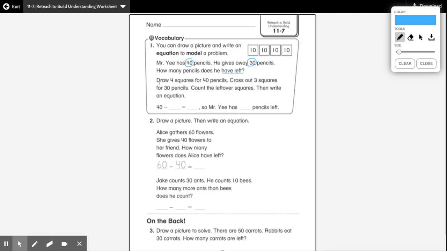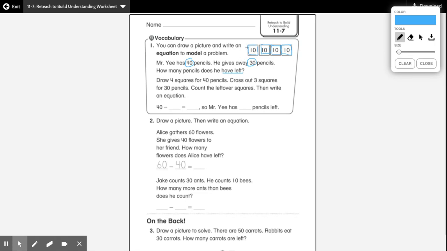Okay, so it's time to draw a model, a picture for this equation. Draw 4 squares for 40 pencils, and they already did that for us. Ready? 10, 20, 30, and 40, right? I'm not going to draw 40 squares to represent the 40 pencils.